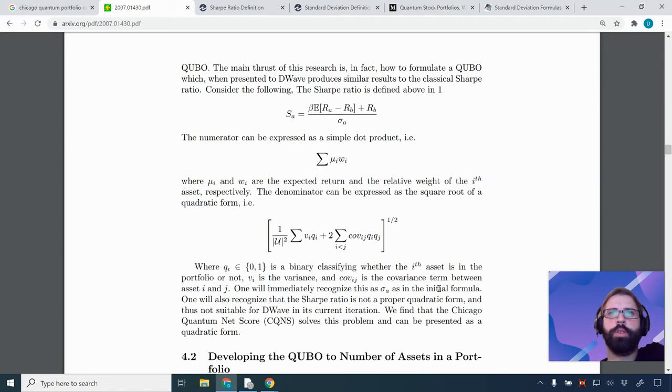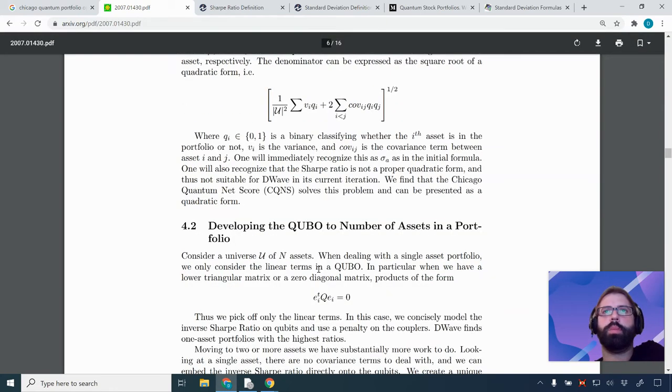Also recognize that the Sharpe ratio is not a proper quadratic form and does not solve on the D-Wave system. When the Chicago Quantum Exchange solves this problem, it can be presented as a quadratic form. Okay, but they don't explain.